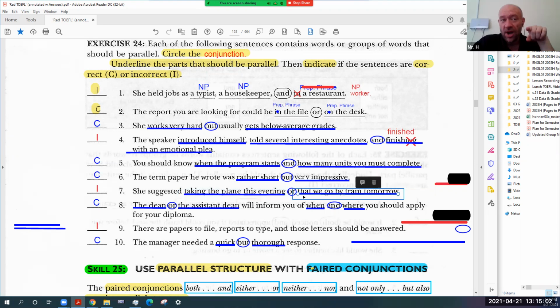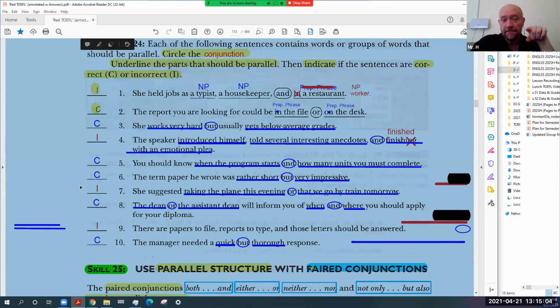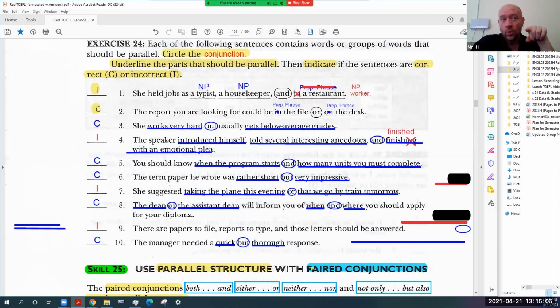There's a problem in number 7, right? What's the problem? What do we have? Taking the plane. It's a gerund. And here, what do we have? Infinitive? No, there's no infinitive connector here. We have a clause: connector, subject, verb.